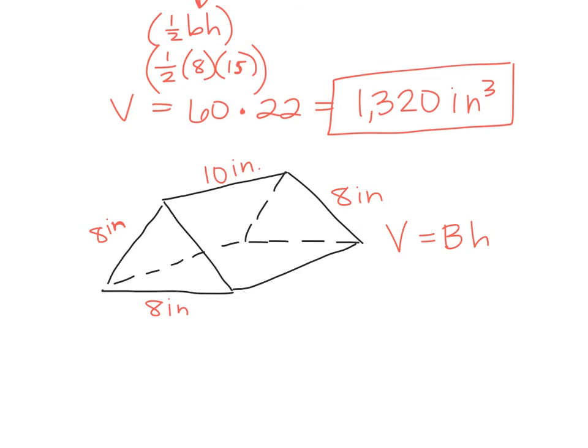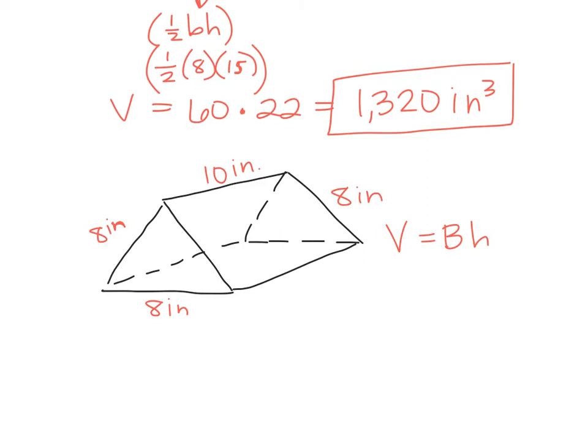What is your base? Not 8 times 8. What shape is your base? The triangle. It's the triangle, right? The parallel and congruent would be the two triangles. We have to find the area of that triangle. What do you do?